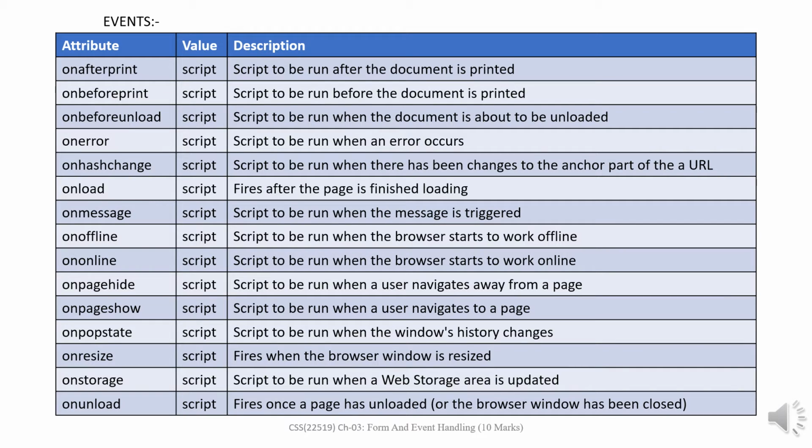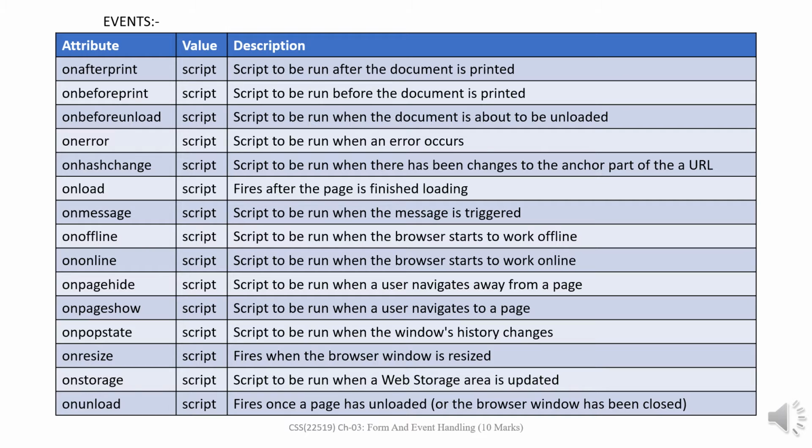See here, there are different events in JavaScript, with attribute, value and description. Now the attribute is onafterprint, the script to be run after a document is printed.